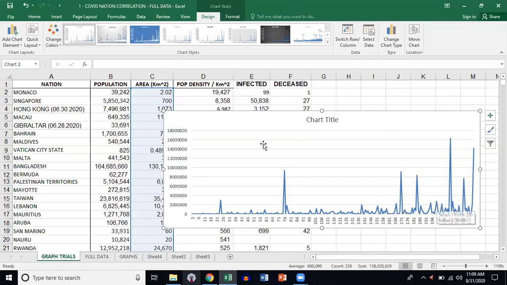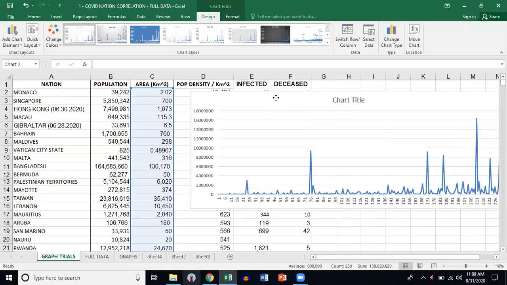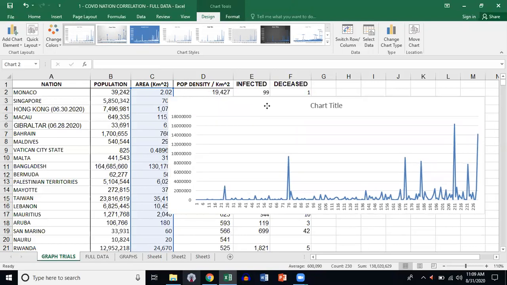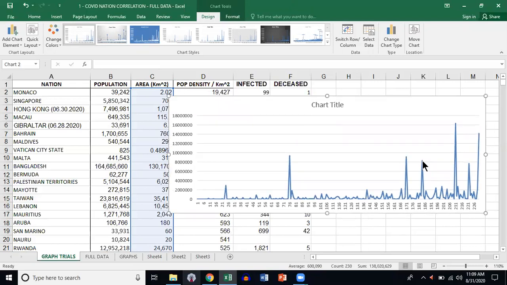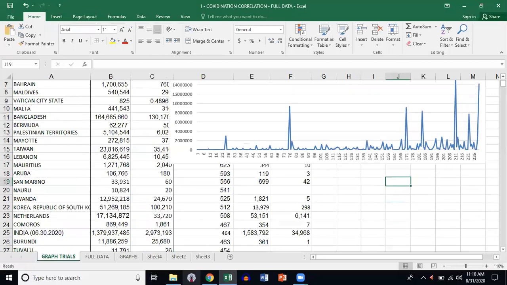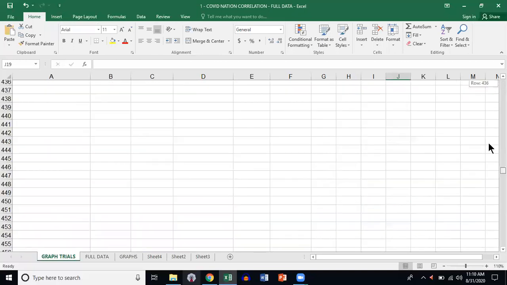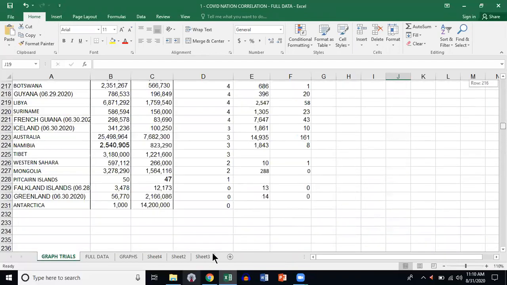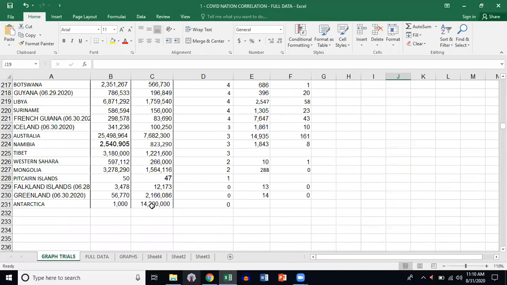Now, if I rank this data, so keep in mind this chart, all right? And now what I'm going to do is I'm going to click outside. I'm going to select the data again on area, going down to the bottom, and I'm going to sort it or rank it. And you'll see that the graph will be much more informative.